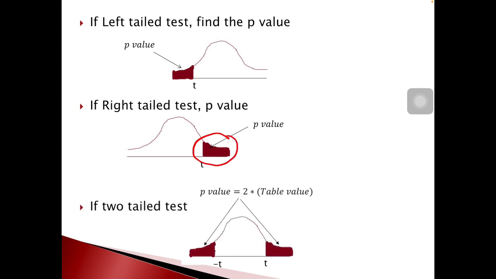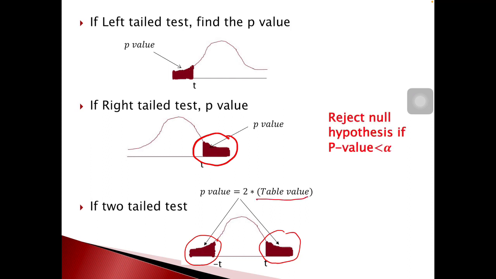For a two tail test, the p-value is within these two sides, which means p-value equals 2 times that table value. It doesn't matter, we reject our null hypothesis if this p-value is less than alpha, which means we reject our null hypothesis if our p-value is within the rejection region. This red region is the rejection region.